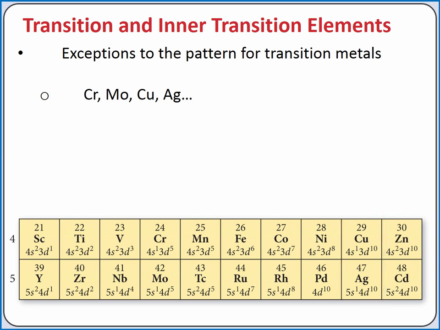The same phenomenon happens with chromium and molybdenum. They also move 1 electron from the s subshell to the d subshell, which results in a half-filled d subshell. So the electron configuration for chromium ends in 4s1, 3d5, and the electron configuration for molybdenum ends in 5s1, 4d5.